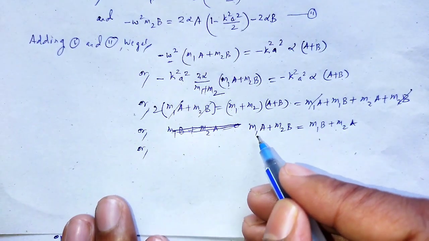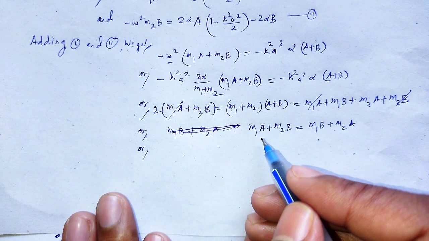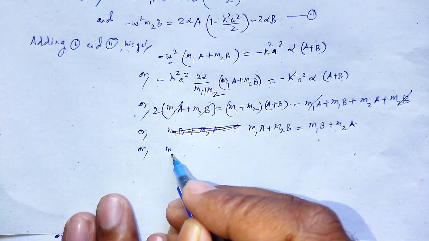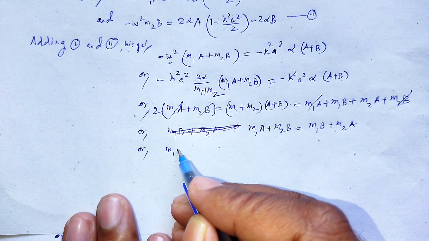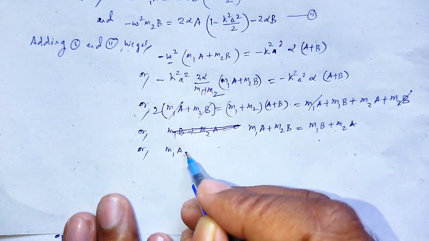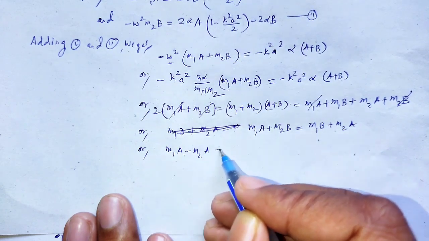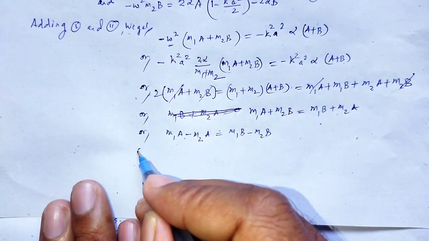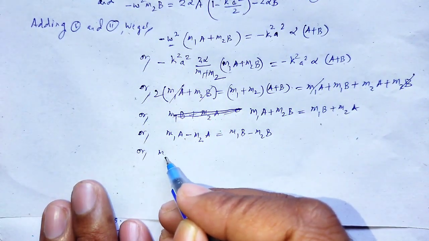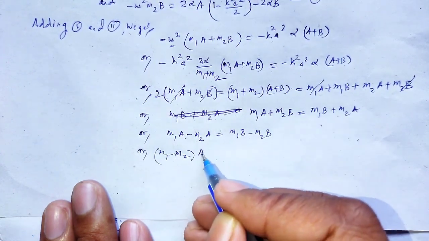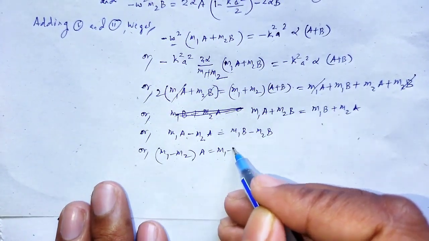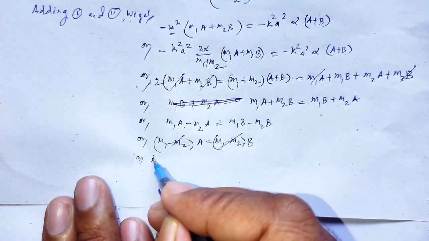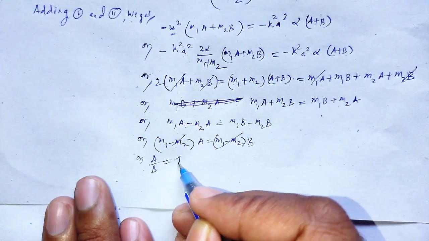Therefore we choose it as m1a minus m2a, here m1b minus m2b, or m1 minus m2, a is common, here m1 minus m2, b is common, these two are cancelled out, therefore a by b is equal to 1.